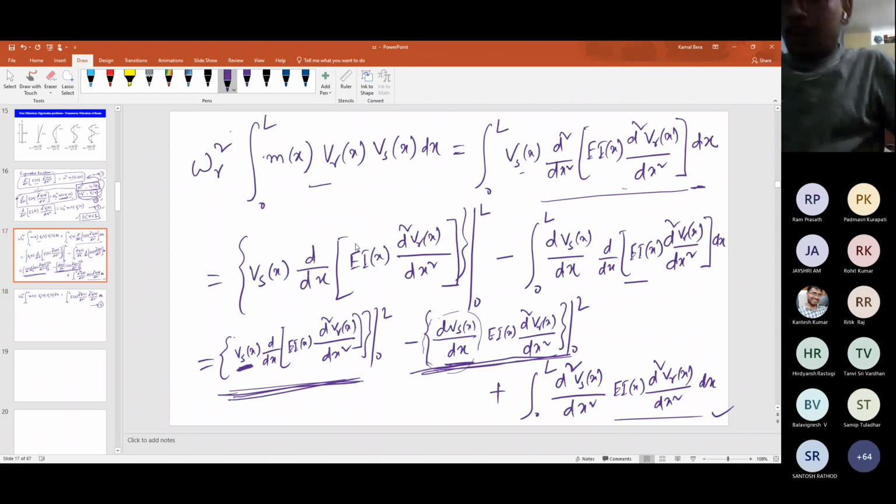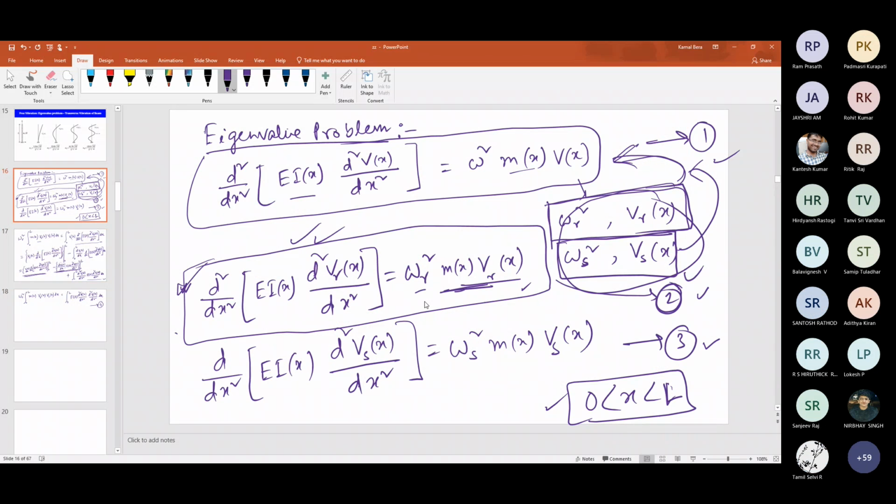Similarly, we do the similar operation by multiplying equation 3 with V_r(x). See the same analogy as for a multi-degree of freedom system, multiplying by u_r transpose and the second one by u_s transpose. You remember?